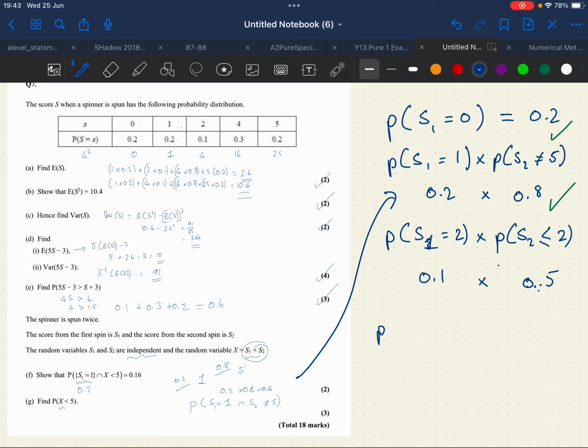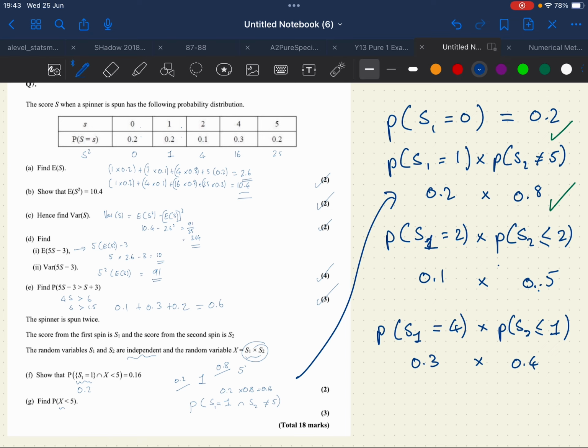Couple more. So the probability that the first result is equal to a 4. What can that go with? That can go with the probability that the second one is less than or equal to a 1, which is 0.3 times 0.4.